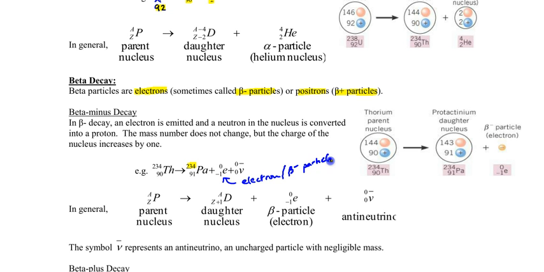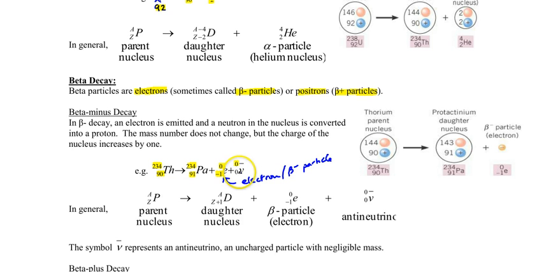If you look at the 234 plus 0, plus this other 0 over here, and I'll talk about that particle in a second, they add up again to whatever is written on the left side. Again, mass number is conserved. And then over here you have 91, then -1, so the total charge is 90, and then you have the same charge over there. So again, the 2 conservation laws are being obeyed.